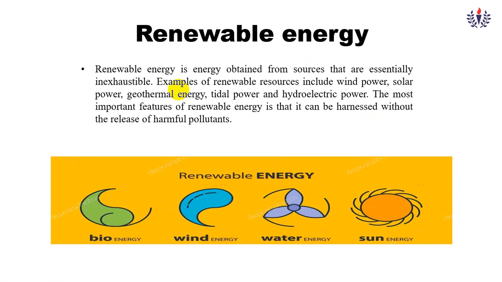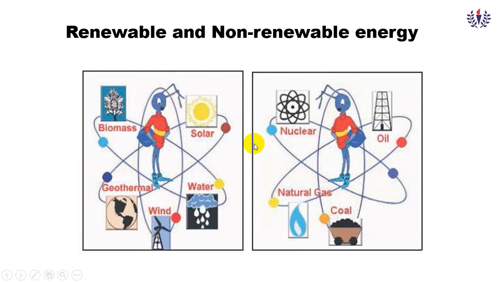Like coal, approximately for 30 to 40 years we can survive with coal. Later it's a question mark, but we will always have wind, solar, geothermal, tidal, hydroelectric. These come under the category, and also biomass energy. This will not release any harmful pollutants in the form of smoke or hard waste. That is the beauty of renewable energy.